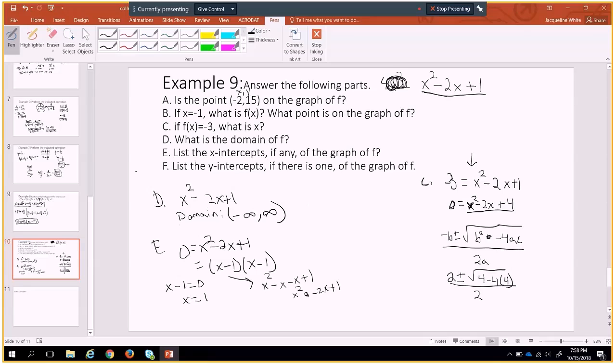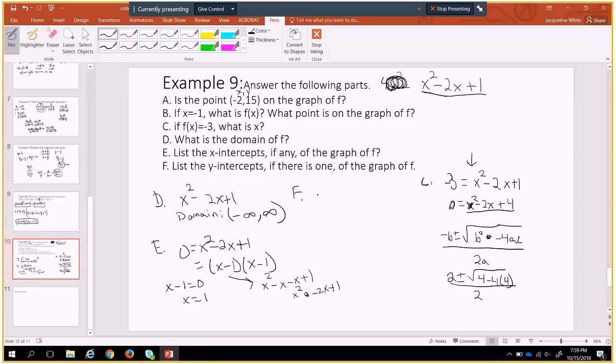And finally, part F. List the y-intercepts, if there is one, of the graph of f. Basically the same thing that we did here, but instead of plugging in 0 for our y's, in this case, we plug in 0 for our x's.